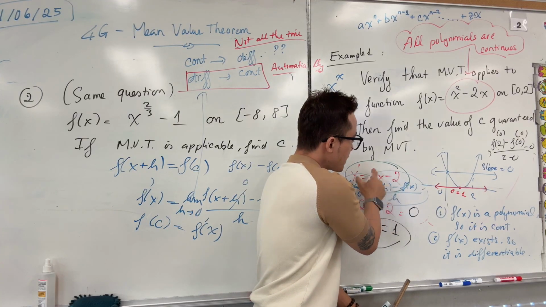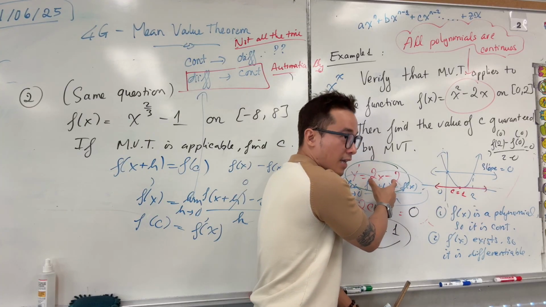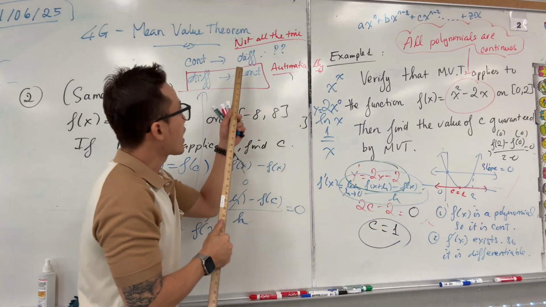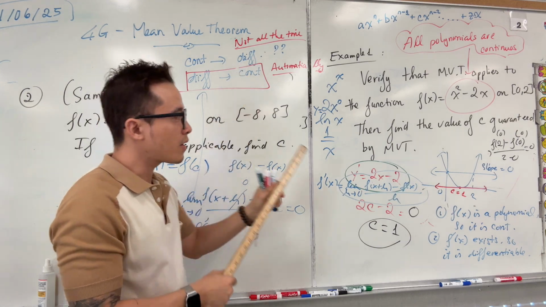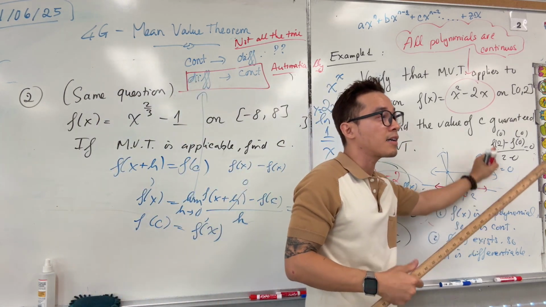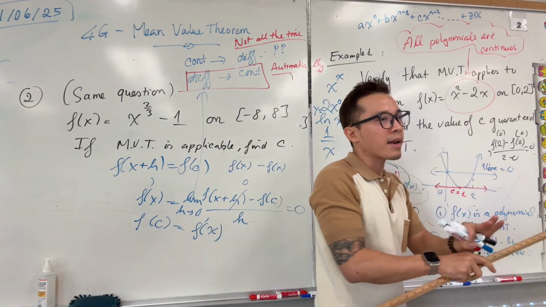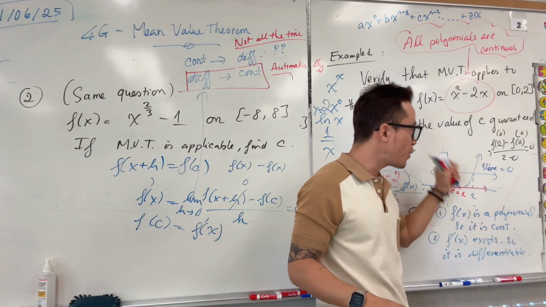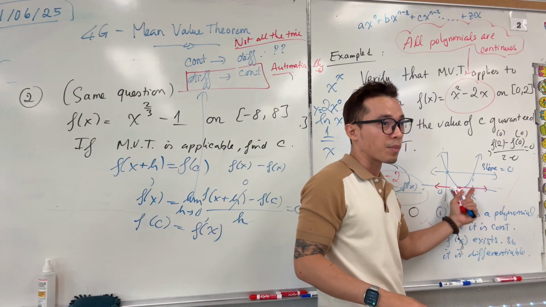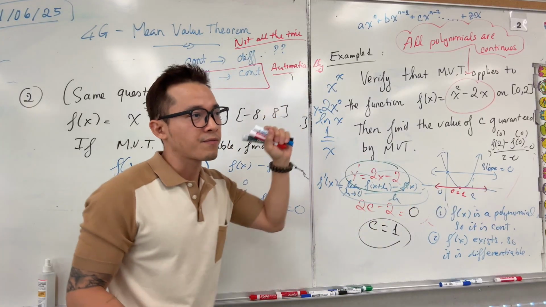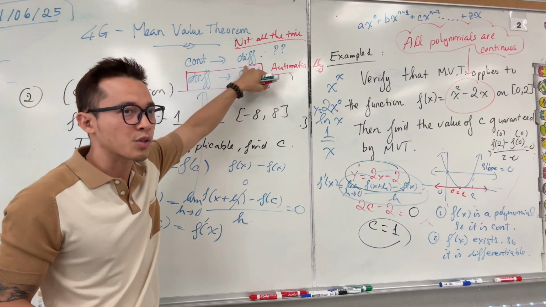Okay? This is the slope of the tangent line. Yeah? So, when it's differentiable, that means all the points must have a slope. No matter the slope is 0 or not, it still needs to accept the slope. So you need to find some function that is continuous but doesn't have a slope.